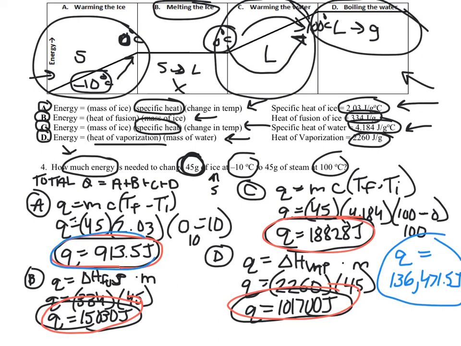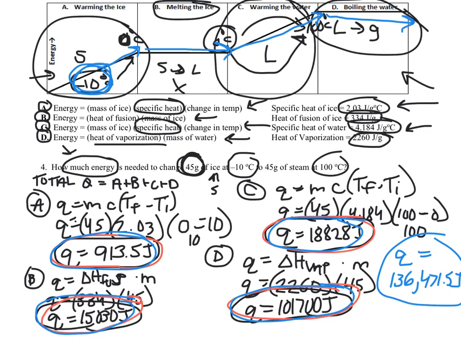I added up A plus B plus C plus D. And why did I do that? Because this water sample started at -10, heated up so that it was still ice. The ice melted, became liquid. That liquid heated up, and then the liquid boiled all the way off.